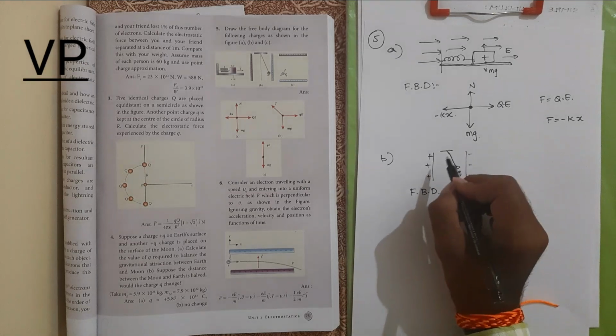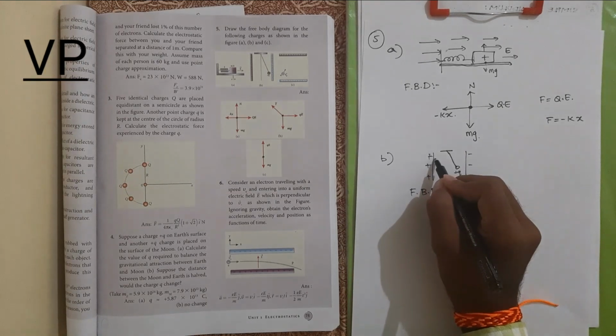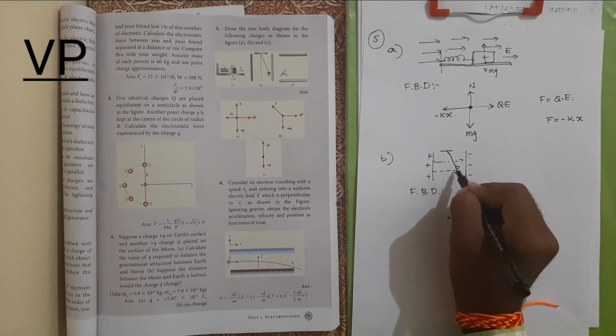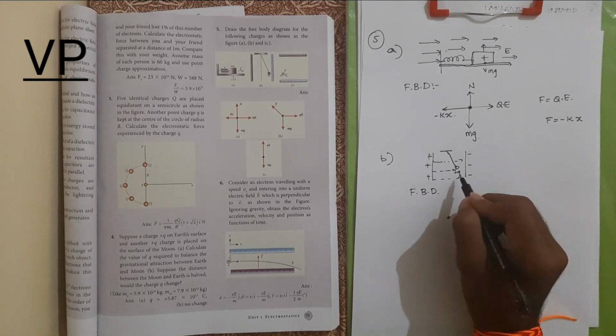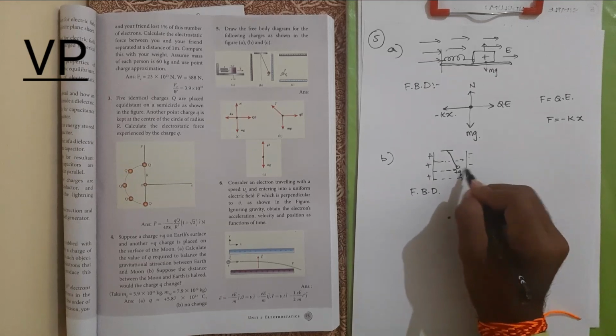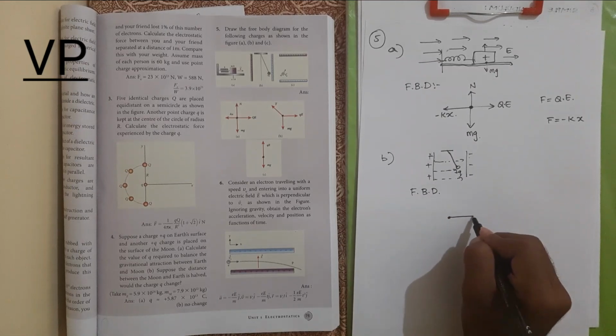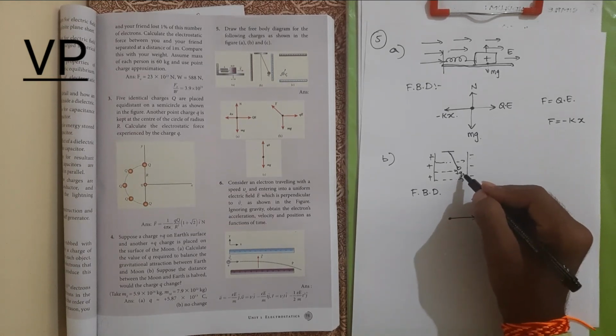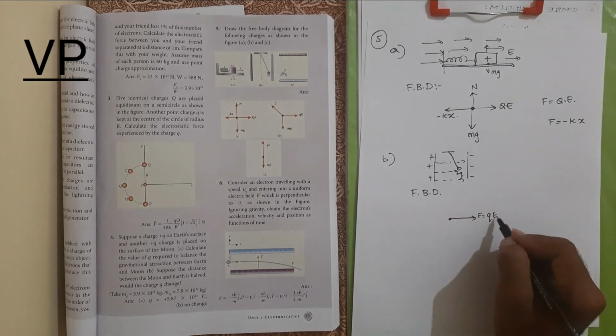The electric field lines travel from the positive plate to the negative plate, so the electric field is along this direction. We know that the charge plus q travels along the direction of the electric field. So in the direction of the electric field, the charge plus q experiences a force F is equal to qE, the force experienced due to the electric field.